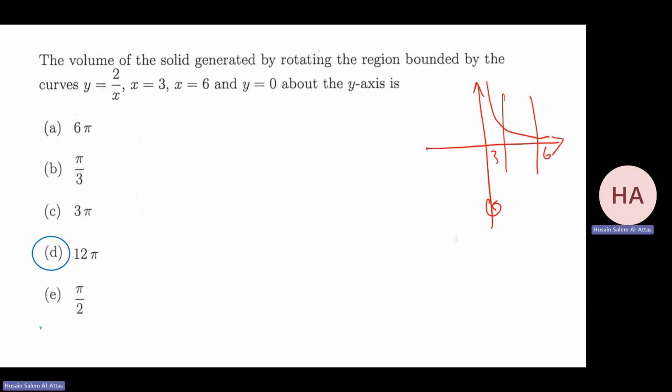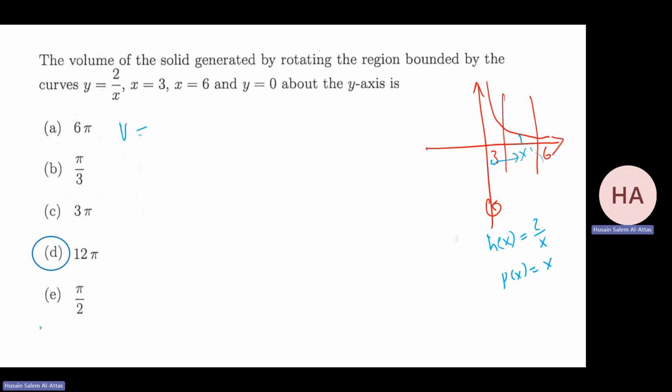Quickly. So what is h of x? This will be my line. h of x will be 2 over x. b of x will be x, this distance, which is x minus 0. And from 3 to 6.